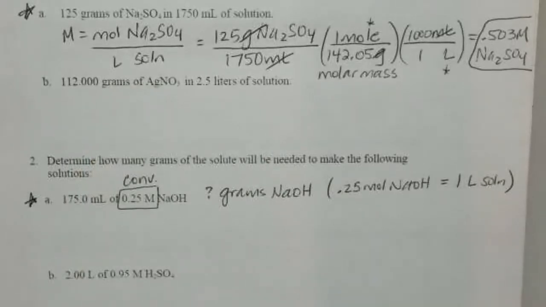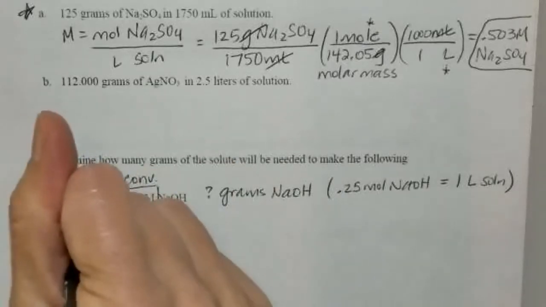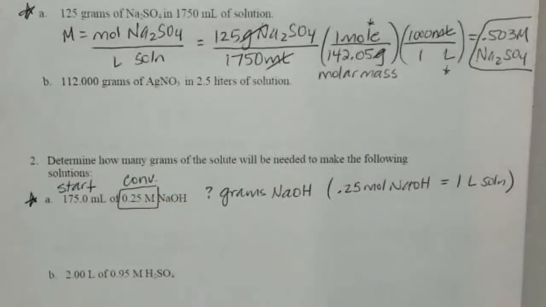And when we do dimensional analysis, I like to always start with a single unit measurement. And that means a mass or a volume, typically. Those are the two. So I'm going to start with my volume, the 175 milliliters, and then convert to moles first. It is the chemist's center point. Everything goes through moles. And then from there, we can take it to grams, again, using molar mass.